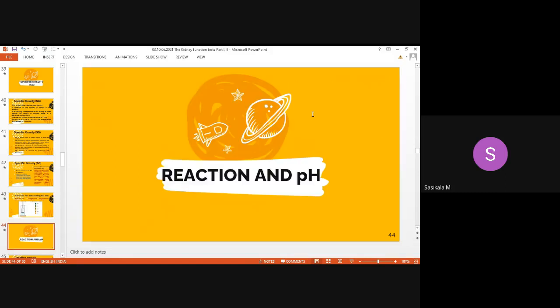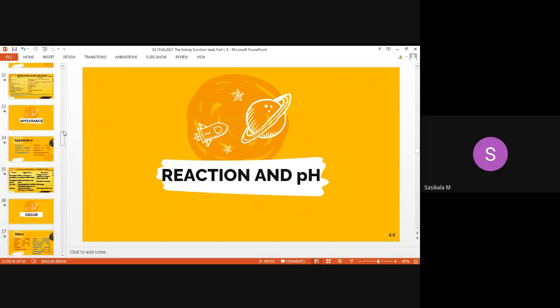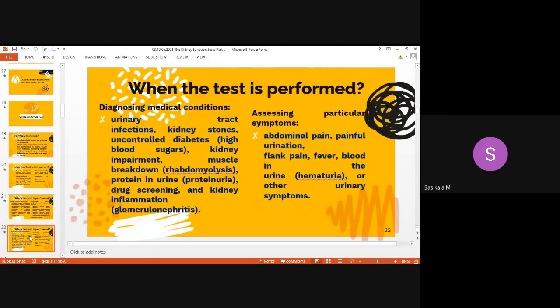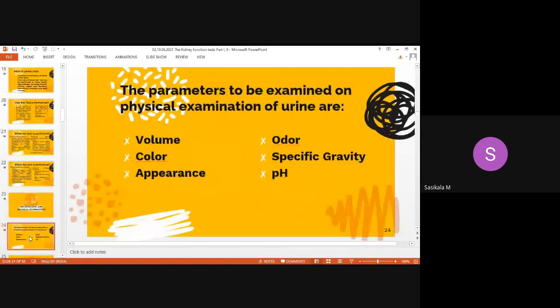Then the last parameter is reaction and pH. How many physical examination parameters have we seen till now? Under urine analysis, for macroscopic and physical examination, 6 parameters are monitored: volume, color, appearance, odor, specific gravity, and the last one is pH. We have discussed 5 parameters.